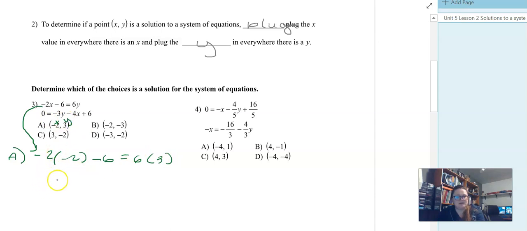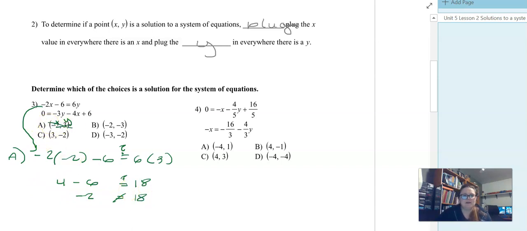So I'm going to do the math. That's 4 minus 6 equals, and right here you could put a question mark, because we don't know if it's equal. That's what we're trying to find out. 18? No, -2 is not 18. So I know that this point doesn't work.